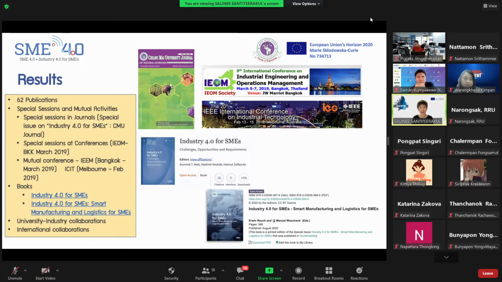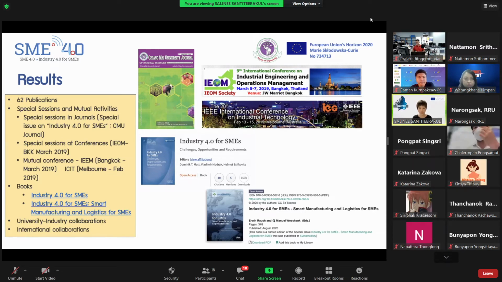And in this project, we published books, and our partners, we help each other to write the book chapters. We have already done 2 books, the first is Industry 4.0 for SMEs, and the second one is Industry 4.0 for SMEs, specifically on smart manufacturing and logistics.